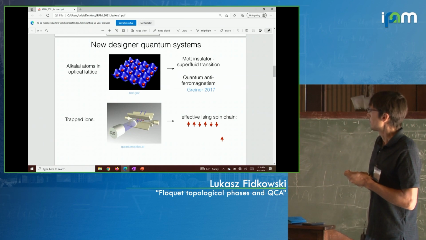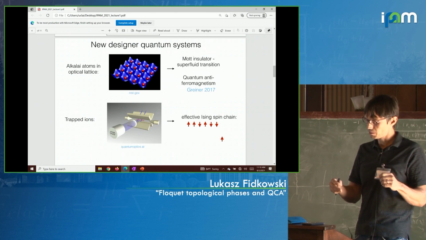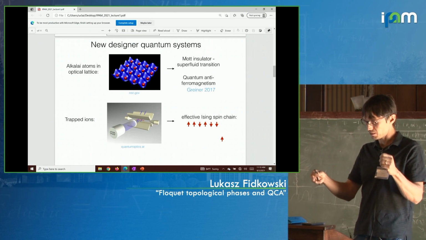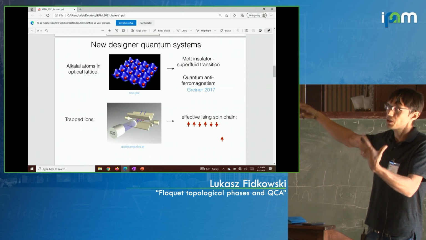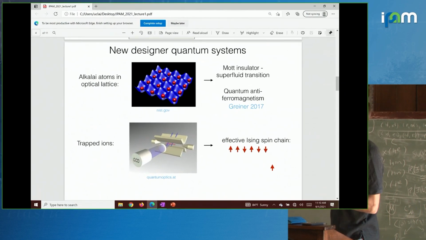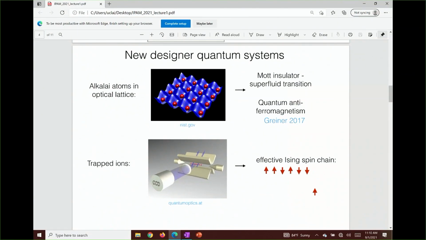Okay, so it's a completely different setting from electrons in an ionic crystal lattice. The degrees of freedom here are atoms; they're much heavier. So it's maybe harder to make them quantum. You have to go to lower temperatures, but there are a lot of advantages to these kinds of cold atoms in optical lattices.